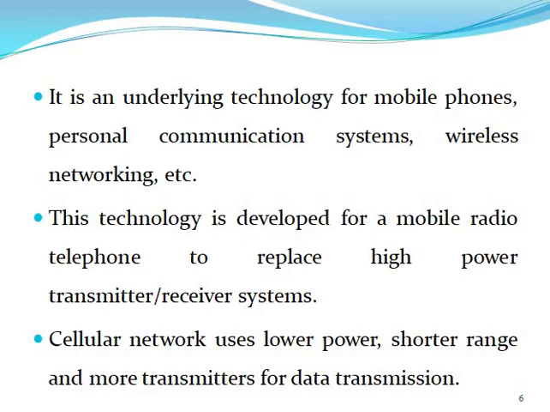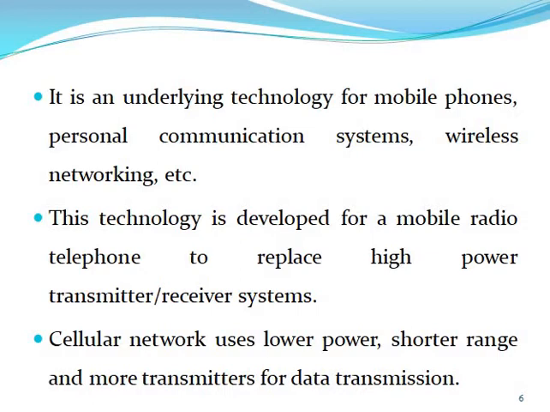It is an understanding of the technology for phones, personal communication, and wireless networks. This technology was developed for mobile radio telephones to replace the high power transmitter and receiver of a particular system.